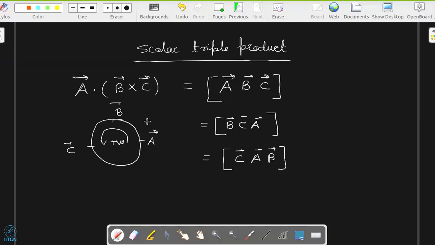So if you change the order of the vectors but follow the anti-clockwise rotation, then the sign will not change. It will give the same thing.